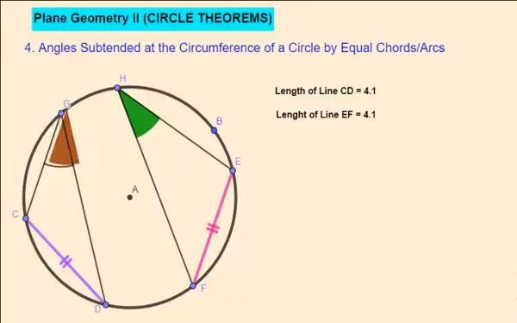Look at how I am moving it and placing it on angle EHF. I hope you finished recording what you observed. We can see that angle CGD fits equally on EHF, and then we can say they are equal.